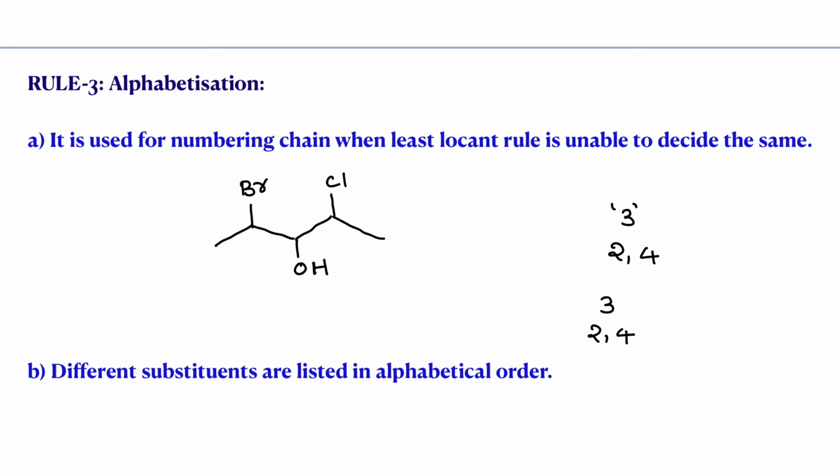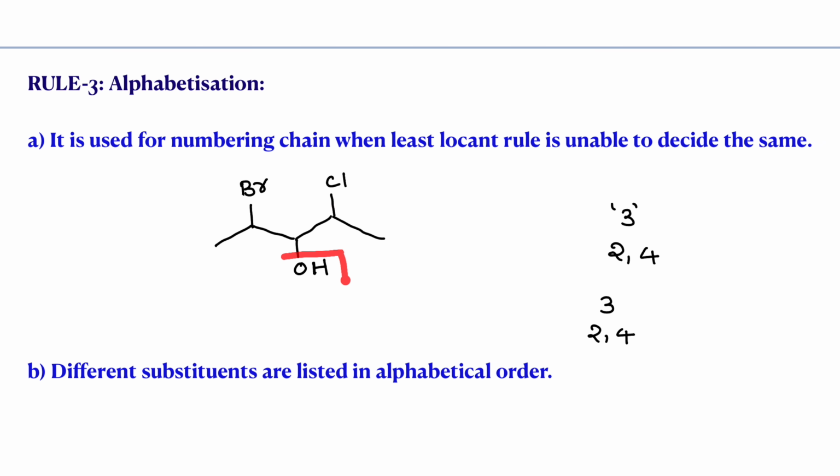That means the least locant rule is unable to decide the actual numbering. But we cannot say you can go for numbering from either side, that is definitely wrong. In that situation, when the least locant rule is unable to decide the actual numbering, you have to go for alphabetization.